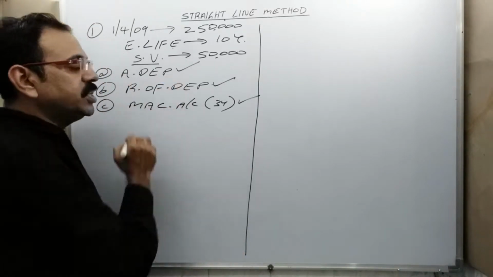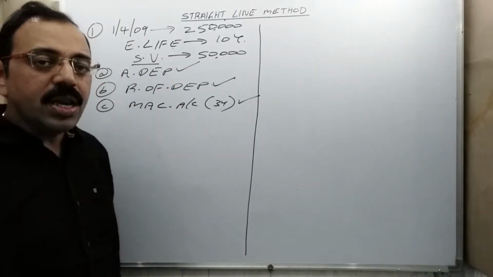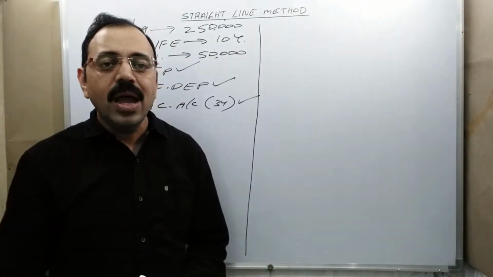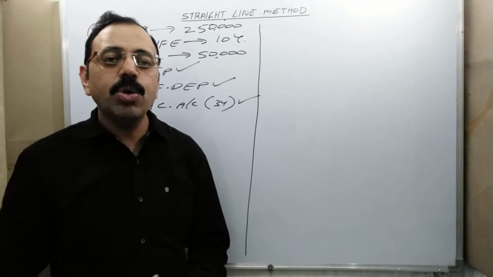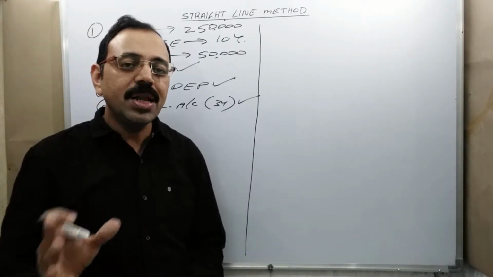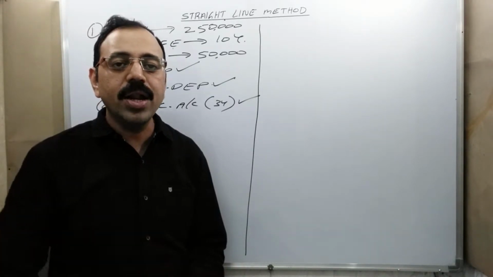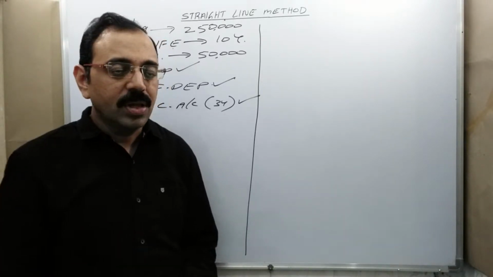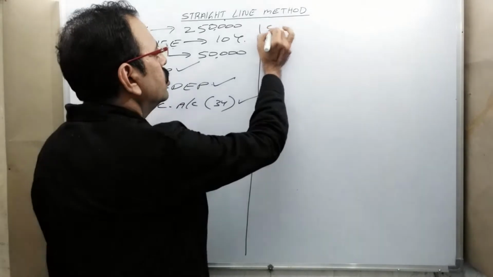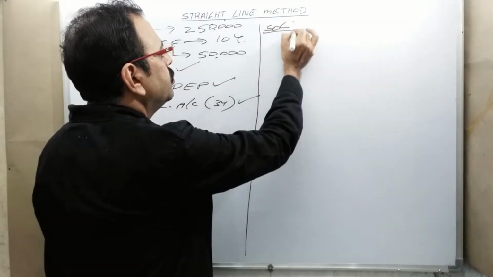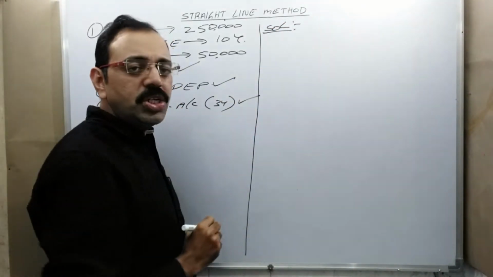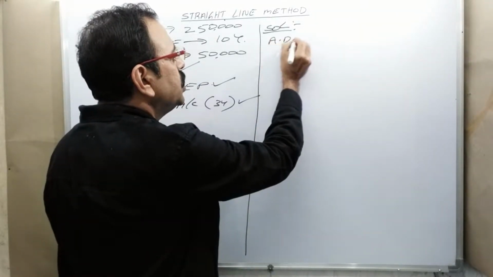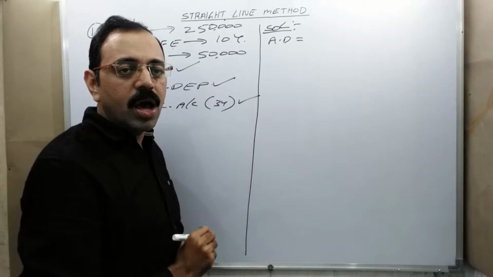First, annual depreciation. Every year, since we are using that asset, value reduces, and how much will be that reduced amount? How much will be the depreciation? We have to calculate now under fixed installment method, he is asking. Then, solution. See, under fixed installment method, to calculate annual depreciation, there is a formula.